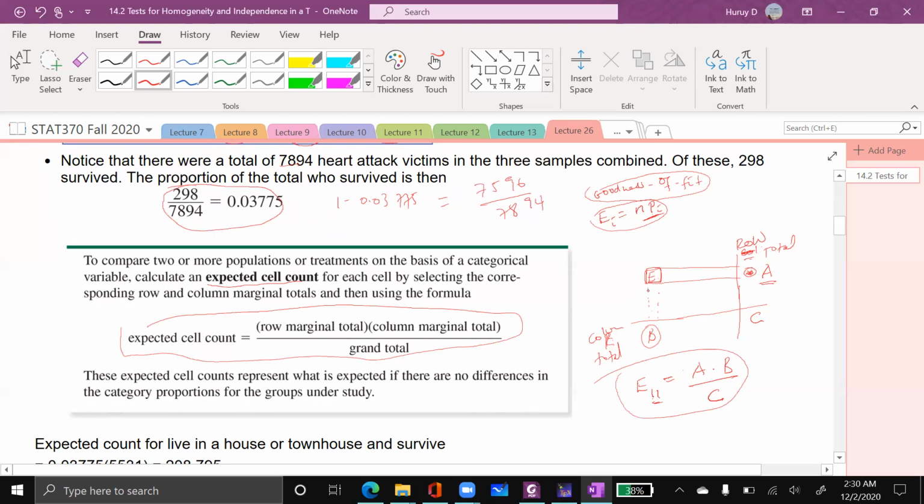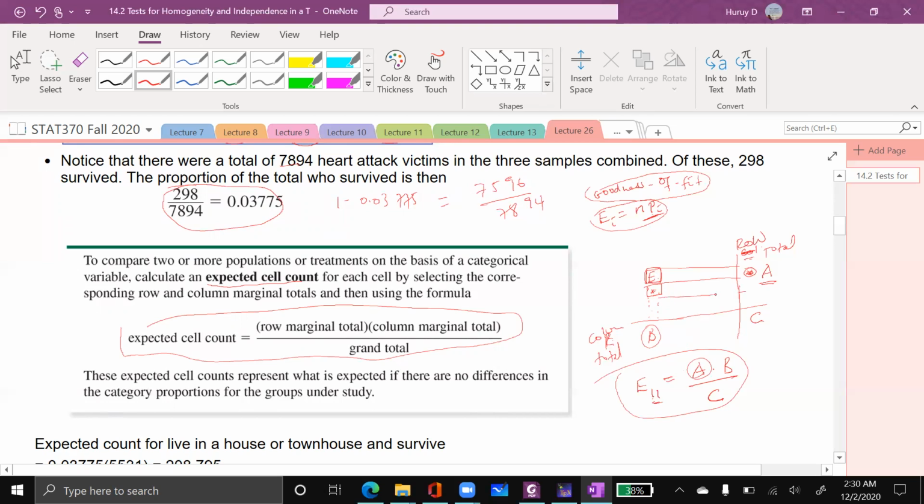Now, when you go down to the next cell, the column total doesn't change because they are in the same column. But the row total changes, because this is now in row 2.